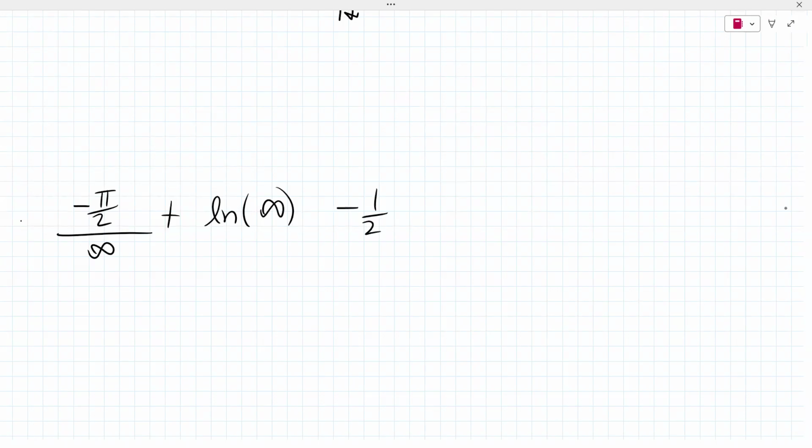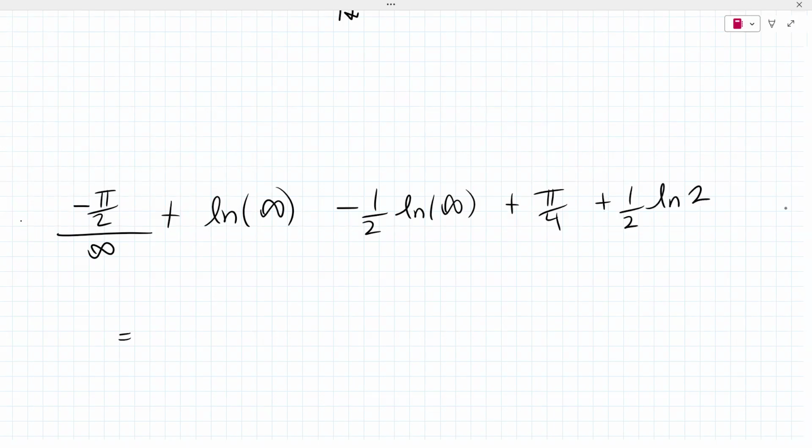And then, so when you put the limit, it's going to be negative pi over 2 over infinity plus ln of infinity minus 1/2 ln of infinity plus pi over 4 plus 1/2 ln of 2.